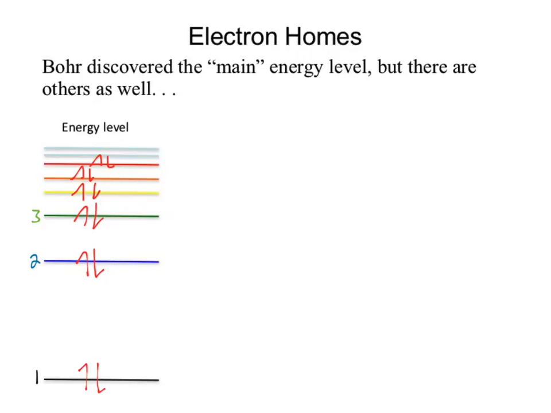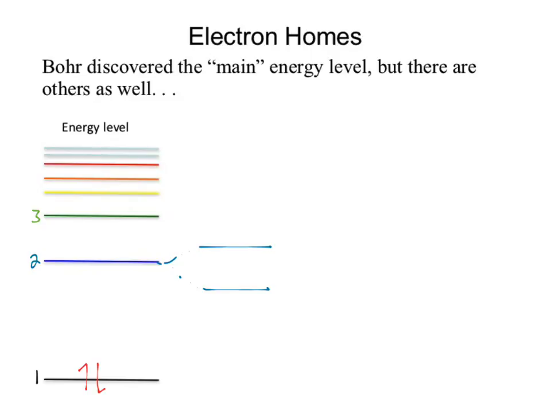What that means is when I'm at the first energy level, there is only one possible state. That one possible state means I have only one orbital. As soon as I move to the second energy level, I now have 2 possible states, and it splits into 2 types.